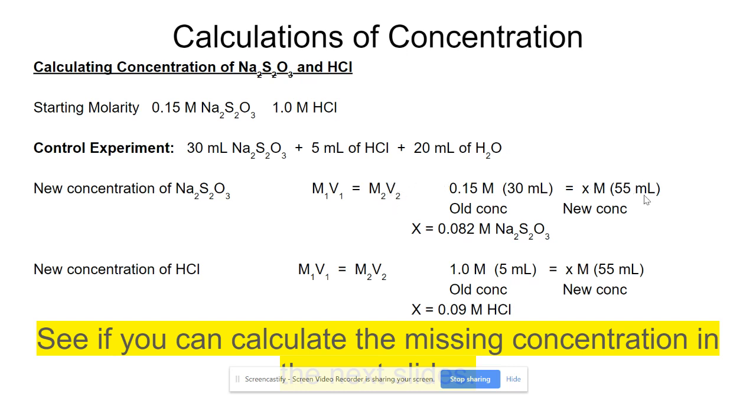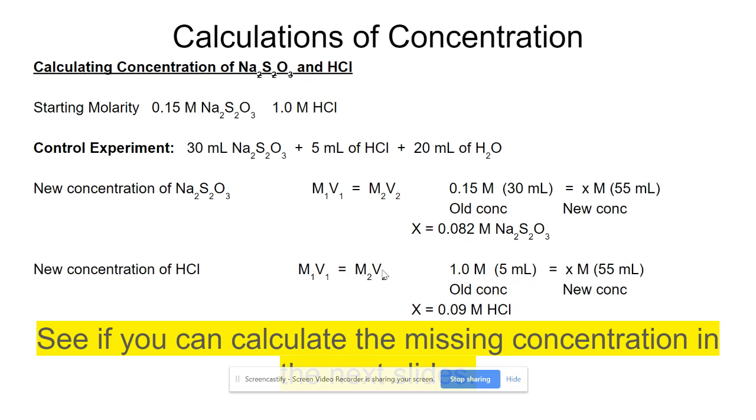It's always 55 milliliter. For the new concentration of HCl, we're going to use the starting molarity, which is 1 molar HCl. So 1 times the volume, we use 5 milliliter, equals M2, which is what we're trying to find.